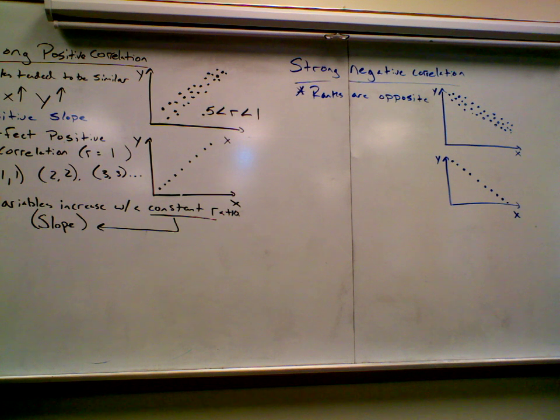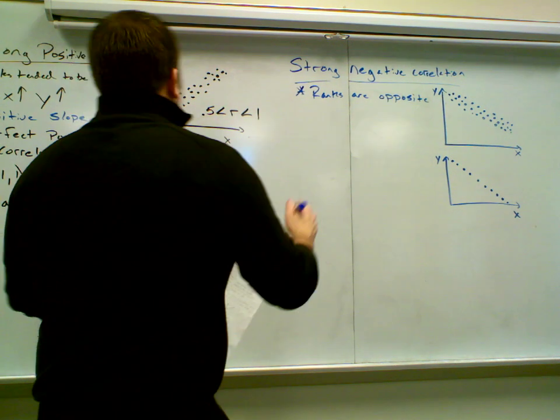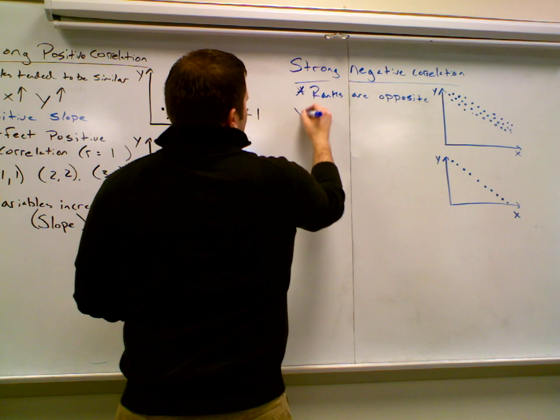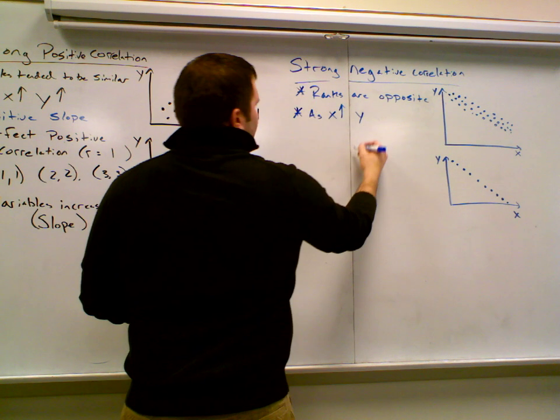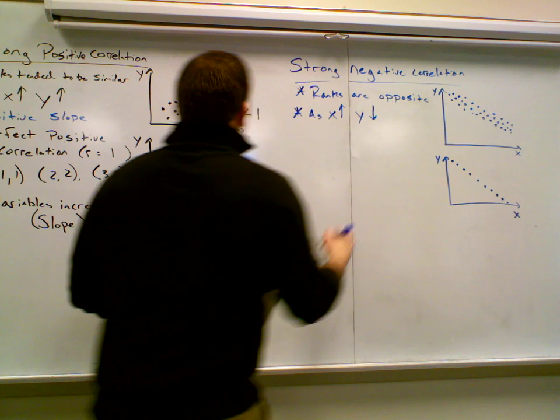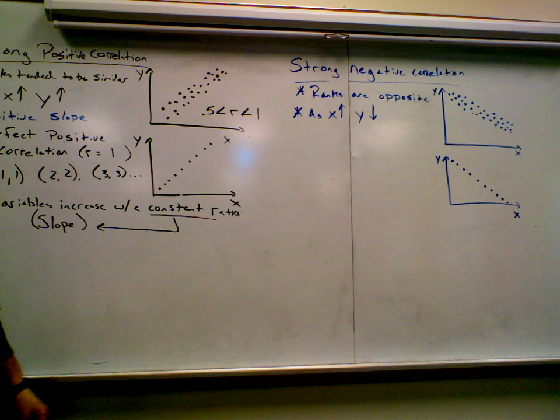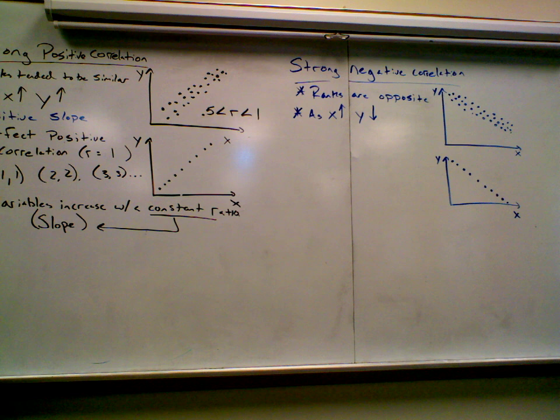You guys see that? So in both these cases, as x increases, what happens to y? Decreases. And if that's the case, what do you guys notice about the slopes? Negative slope.